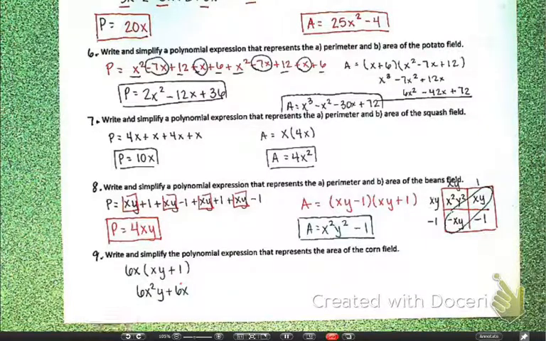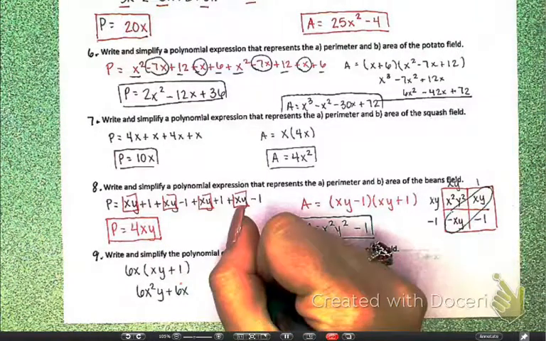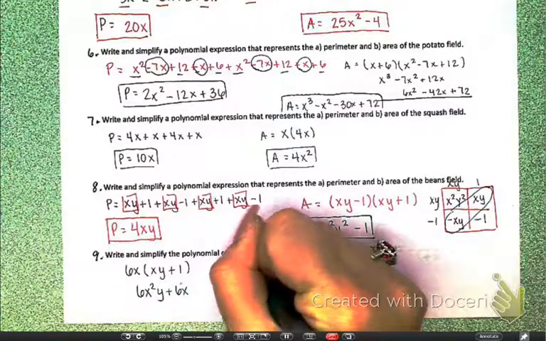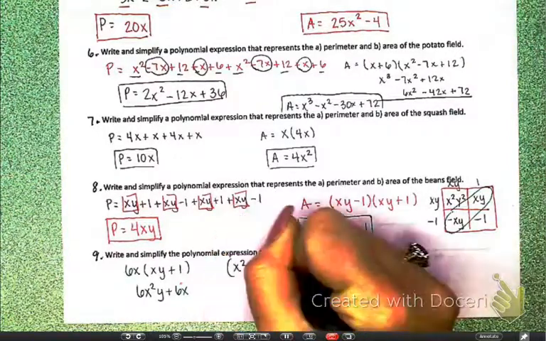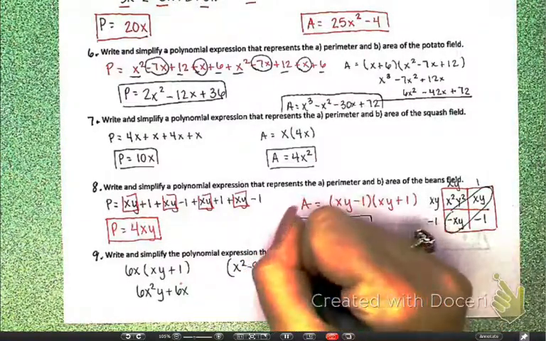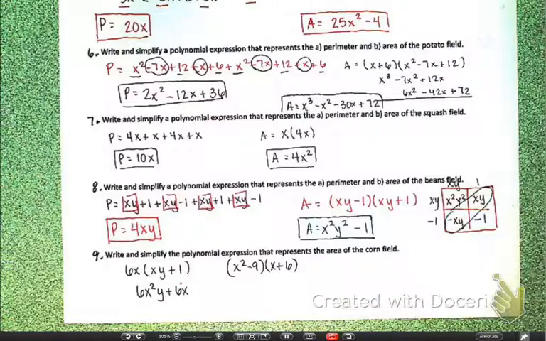Now that bottom square, what am I going to multiply? x squared minus 9 times x plus 6. And you either use the box or distribute. Let's just distribute together.